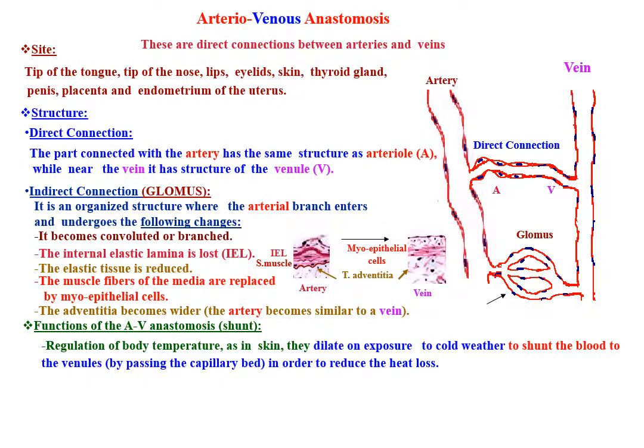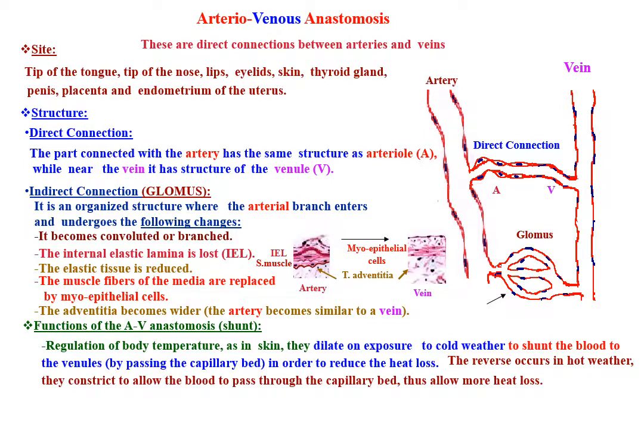Heat loss: the reverse occurs in hot weather. They constrict to allow the blood to pass through the capillary bed, thus allowing more heat loss. Regulation of venous return: when they dilate, the venous return is increased, and the reverse occurs when they constrict.